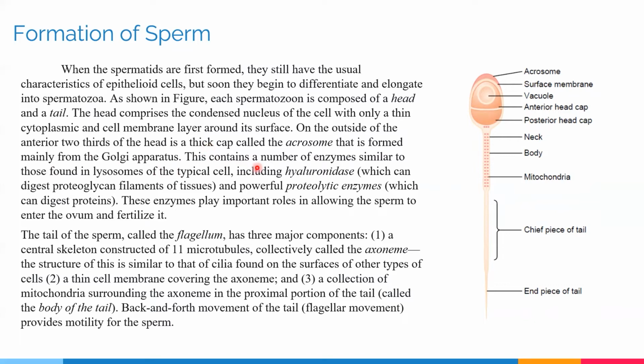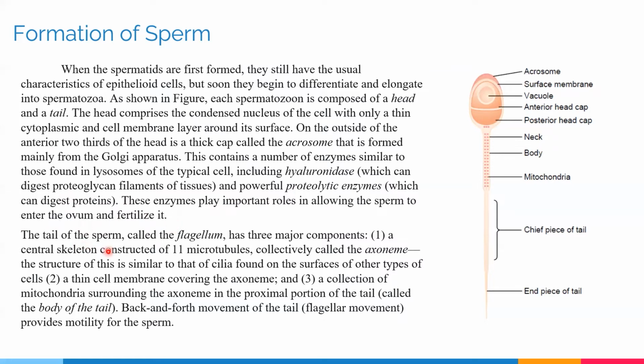This contains a number of enzymes similar to those found in lysosomes of the typical cell, including hyaluronidase, which can digest proteoglycan filaments of tissues, and powerful proteolytic enzymes, which can digest proteins. These enzymes play important roles in allowing the sperm to enter the ovum and fertilize it.